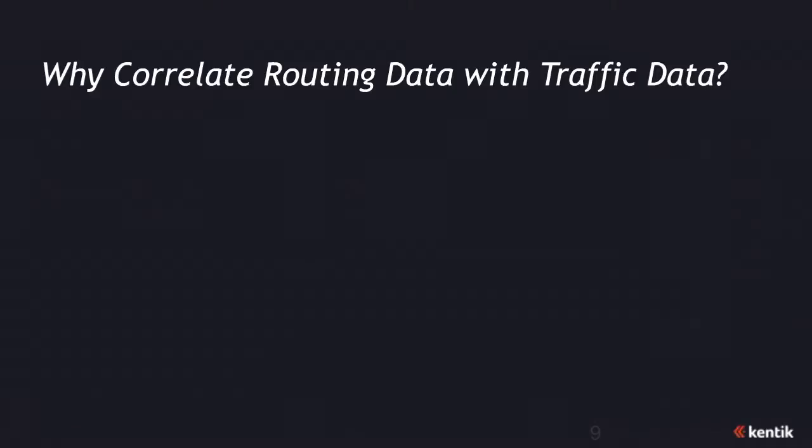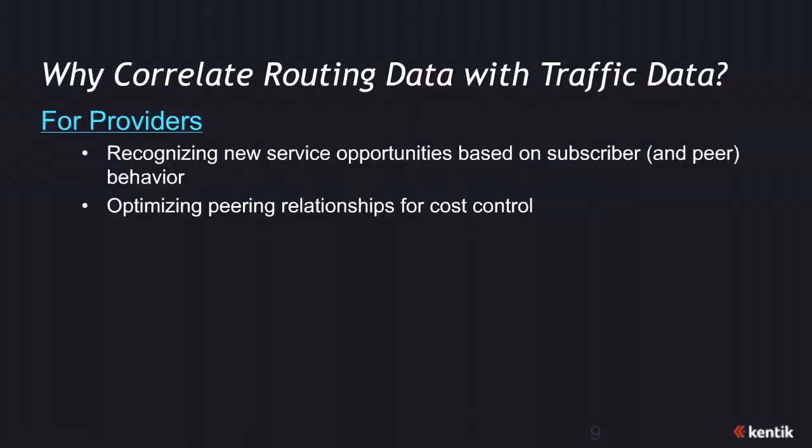A lot of people will look at BGP, they'll look at their traffic, but why should we correlate them? Well, it turns out that when you bring these two together, you can answer some really pretty powerful and important questions. But the questions really do depend on what type of an organization you are. So actually, before I talk about providers, let me just mention that if you have an autonomous system number assigned to you, that means that you are doing some sort of non-trivial routing.